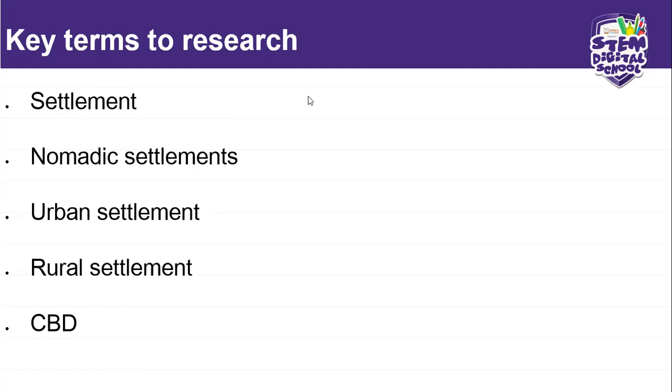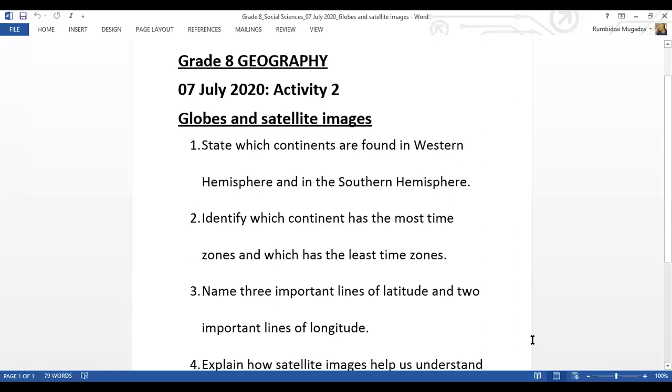Okay, the homework. Today's homework. Question number 1. State which continents are found in the Western Hemisphere and in the Southern Hemisphere. Number 2, identify which continent has the most time zones and which has the least time zones.